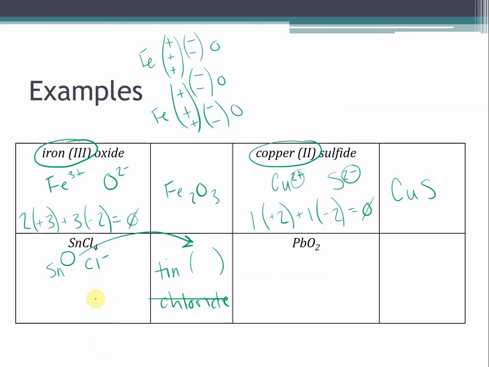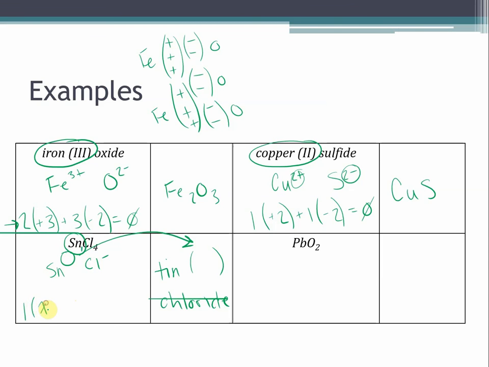So we're going to set this up the same way we've been doing our math, but we're going to plug into a different place. We know that we have one tin because it says right here just Sn. There is no subscript, so the implication is that there is one tin right there. We don't know what its charge is.